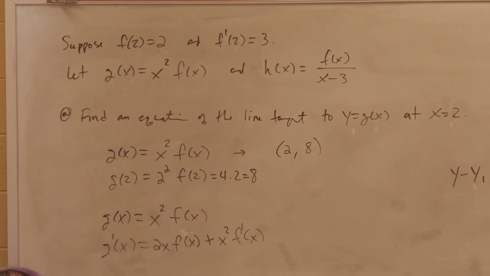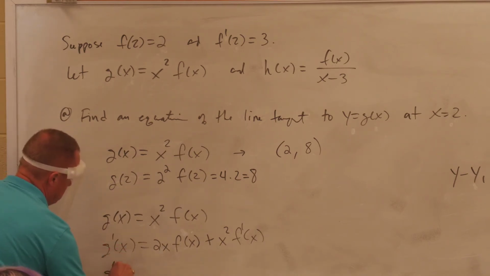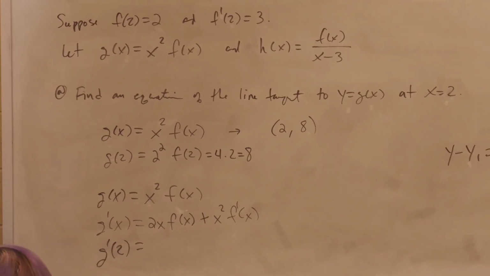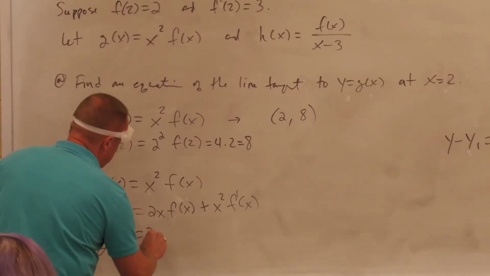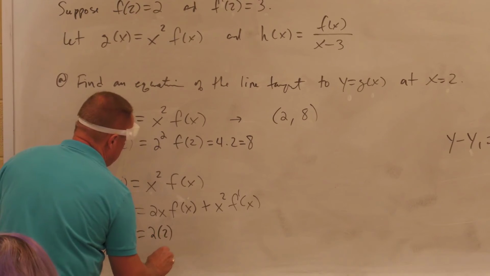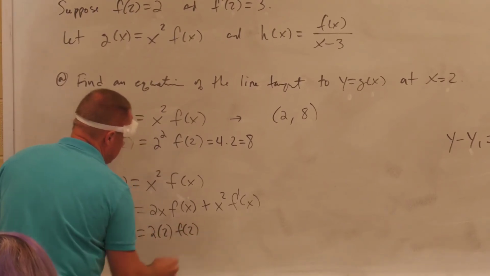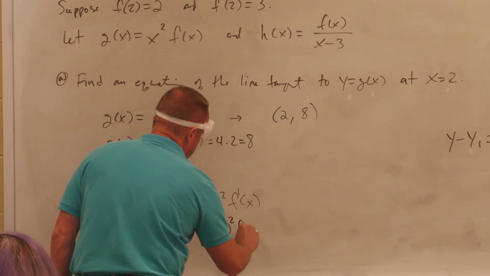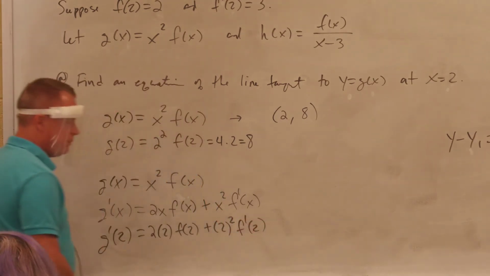Now, to get my equation of my tangent line, what is my slope at 2, right? We'll just plug 2 in for x. So I would have 2 times 2 times f at 2 plus 2 squared times f prime at 2.